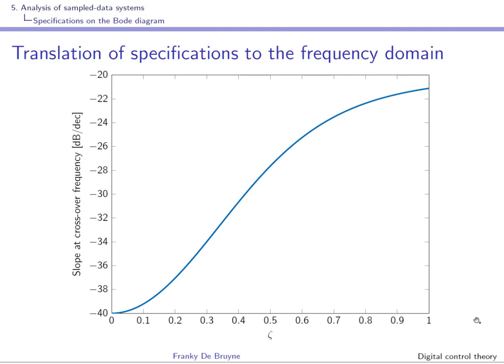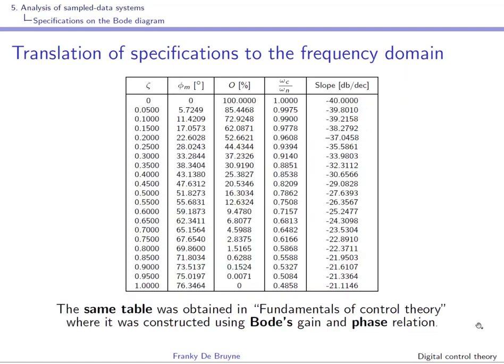This is the slope at the crossover frequency, and it's a function of zeta, and you can see here that this slope in this transition region from low frequencies to high frequencies should definitely be higher than minus 40 dB per decade, and in the ranges of zeta that you use in a design, you can see here that imposing a slope around minus 20 dB per decade is certainly reasonable.